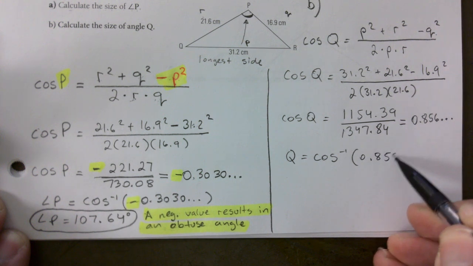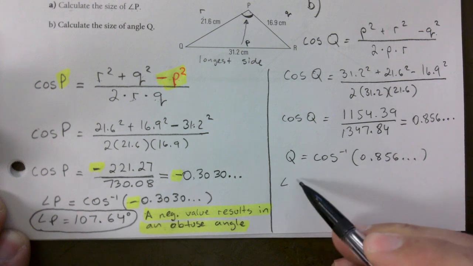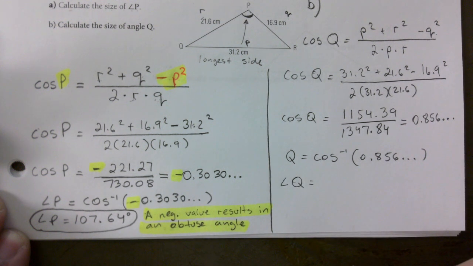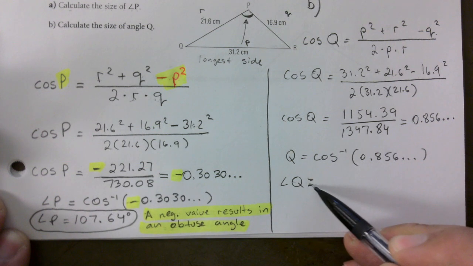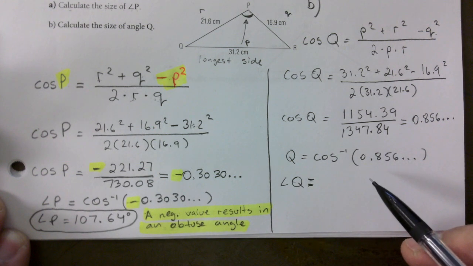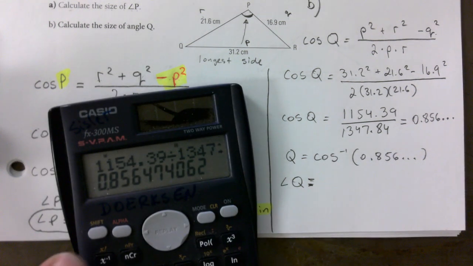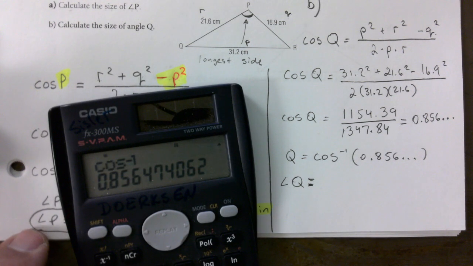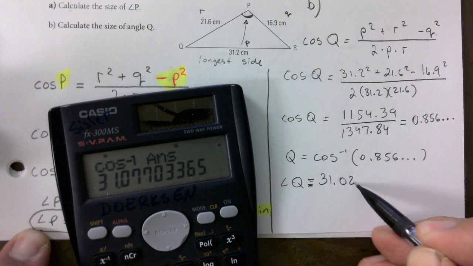What kind of an angle am I expecting? Obtuse or acute? If you had crickets, I'd hear them right about now. Acute, right? Yeah. So I keep this on my calculator. I go shift cos, and that's 31.08 degrees.